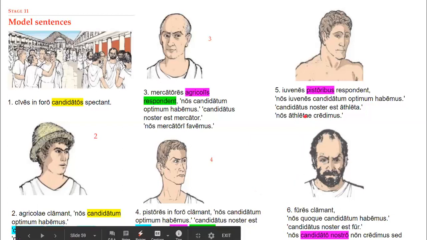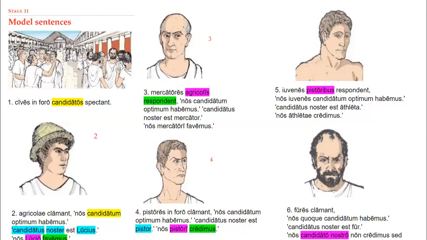Also notice one other thing, that athletai is first declension, but it's going to be masculine because it comes from a Greek word, and as we remember, the Greeks are more comfortable with words being feminine in form but describing masculine objects, whereas the Romans are a little bit less comfortable with this.